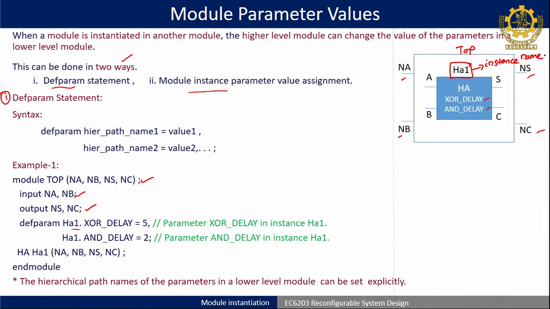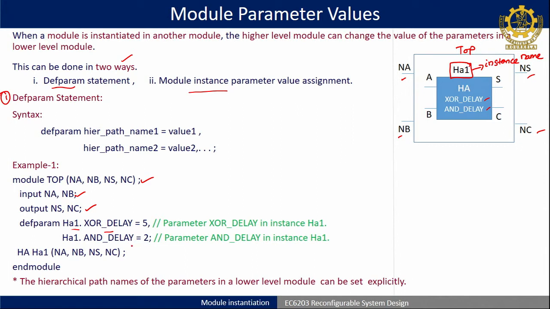So, this hierarchy has to be maintained through the instance names. HA1 is the instance which is called inside the main top module. So, defparam HA1 dot, inside HA1 I have an XOR delay. So, HA1 dot XOR delay equal to 5, comma HA1 dot AND delay equal to 2, got it.